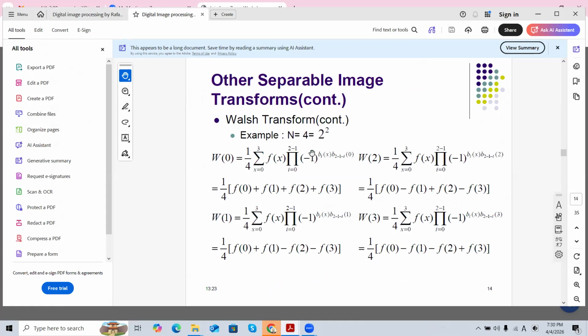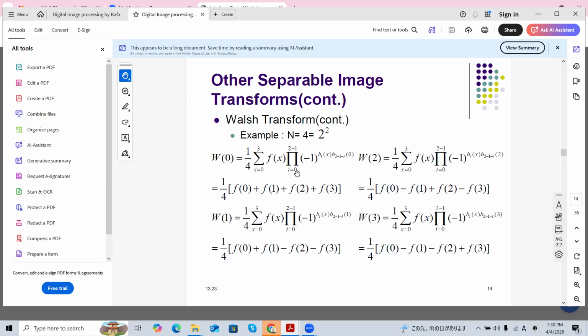For the Walsh transform, first I will explain and then I will come to the camera. For the Walsh transform, the kernel is -1 to some power. In one dimension, for instance, for a very small N, say 4, N is 2 to the power 2. The Walsh coefficient W0 is just a multiplication of -1 to some power, and the power involves b_i(x) and b_{n-1-i}(u).